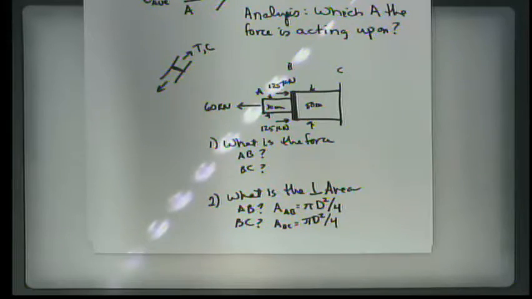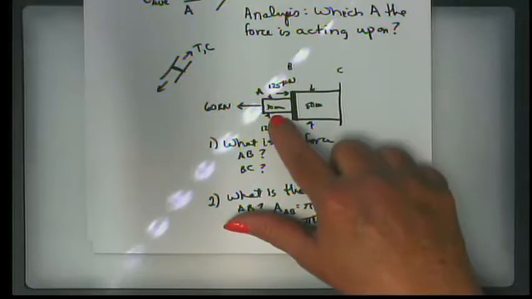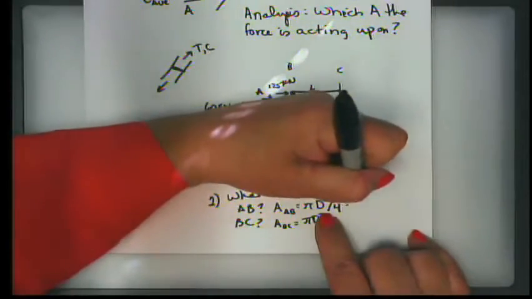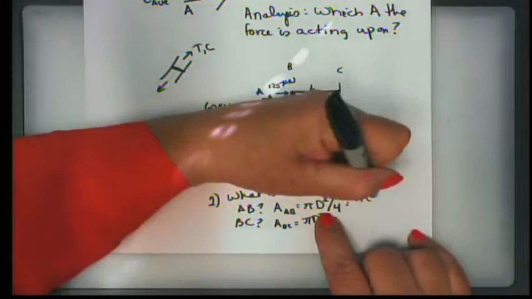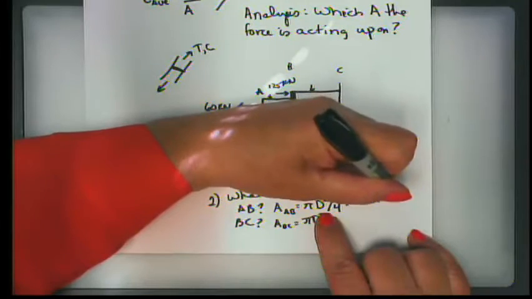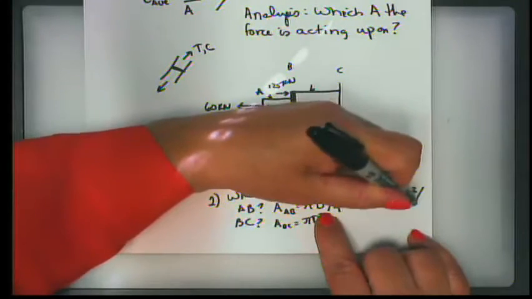So if it's presented in millimeters squared, I would recommend that you write those as meters and use meters. Okay? So 30 millimeters is 30 times 10 to the minus third meters. So the area here is pi times 30 times 10 to the minus third meters, quantity squared, over 4.